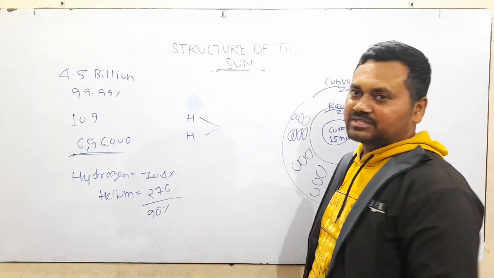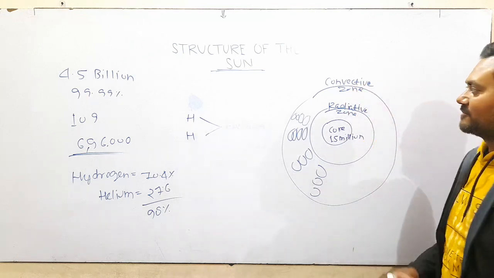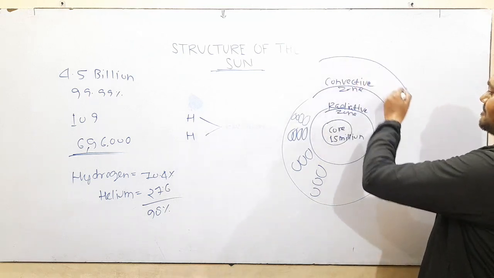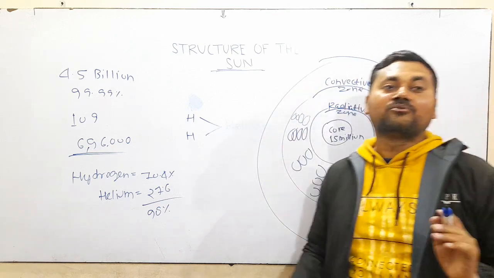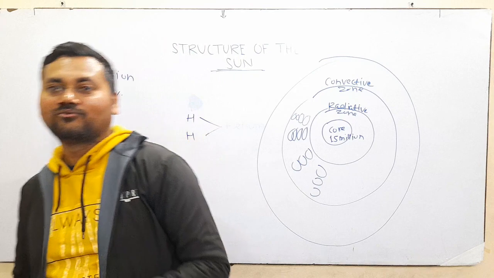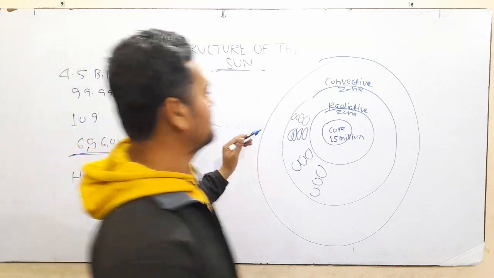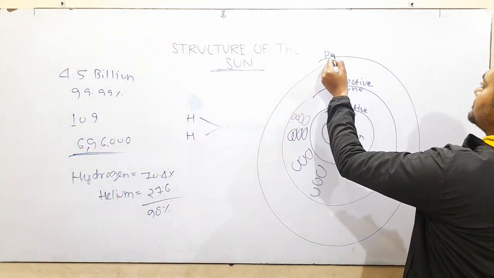And after the convective zone, the fourth layer is the photosphere.